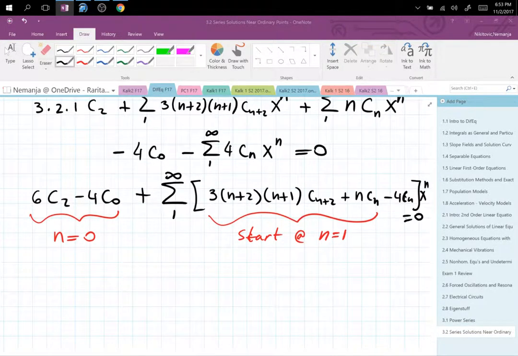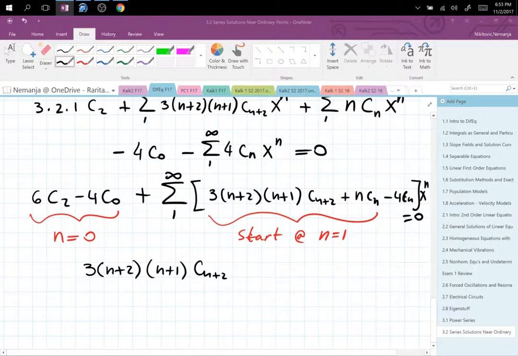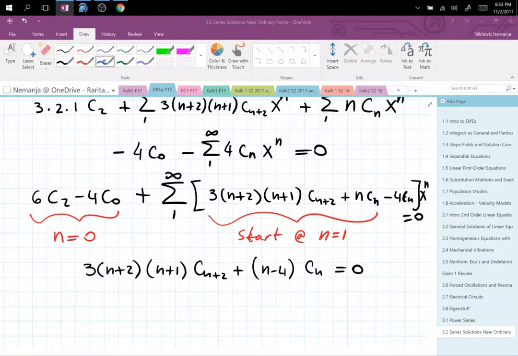So your recurrence equation now is 3n plus 2, n plus 1, cn plus 2, plus, and I can combine this cn as n minus 4, cn equal to 0, right? If I factor cn in the last two terms over there. So there's your recurrence equation. I'm going to box this in blue.